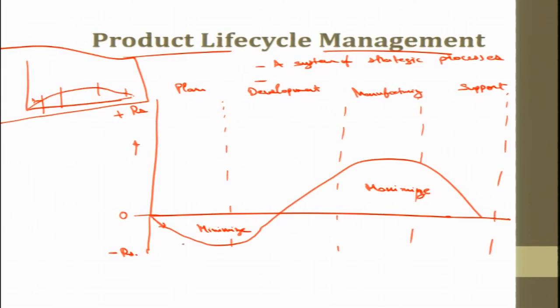Here is the milestone, the launch of the product. Here I can have the break even point, because the investment that was made is covered. And this is the peak profit that we have reached, and the product retires here.